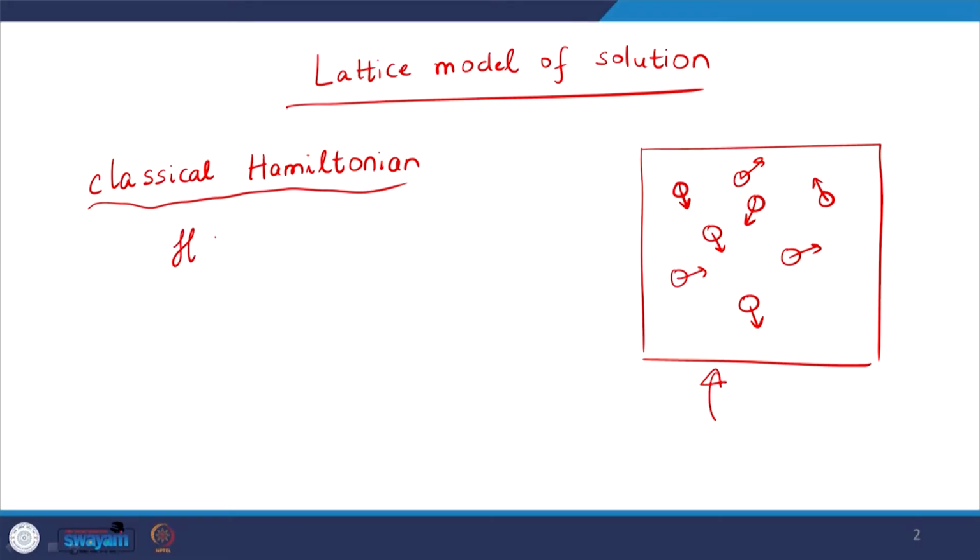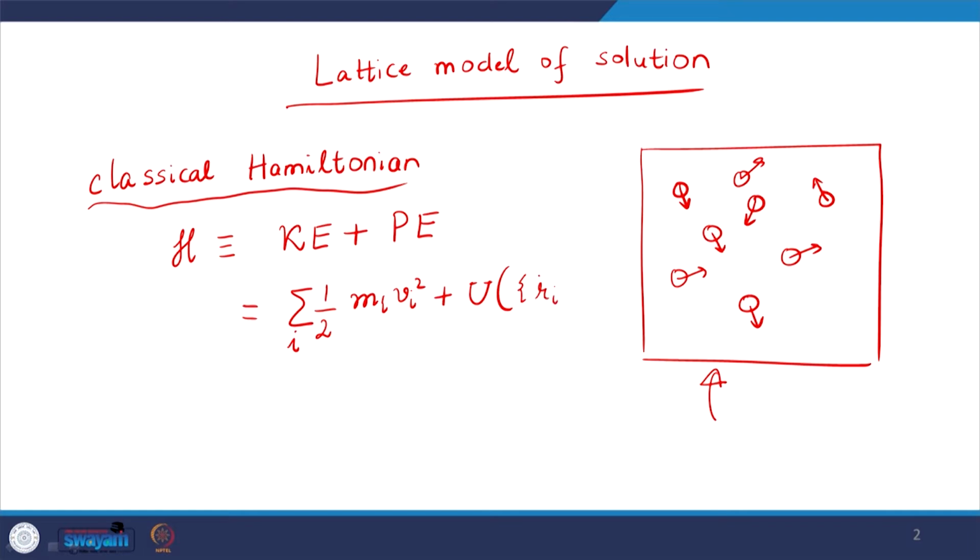Hamiltonian is described as the sum of the kinetic energy and the potential energy of the molecules. So let's say if you have n molecules in the system, they will have a kinetic energy and there will be some energy in the system that is going to change as the positions of the particles change, right?